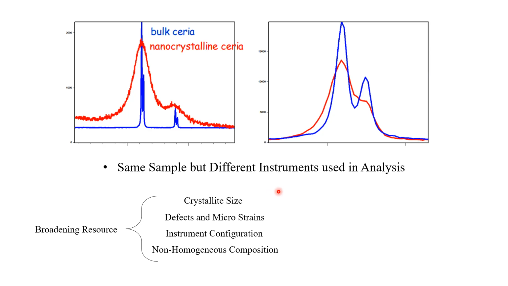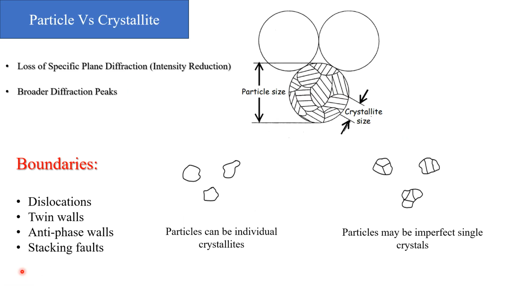About the crystal size, we want to distinguish between crystal and particle. So in the next slide, we want to talk about how they are different. When we look at the powder, we can see that the particle size and crystal size can be equal or different in their size.